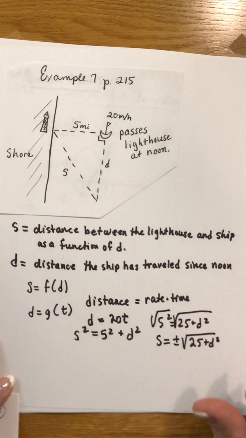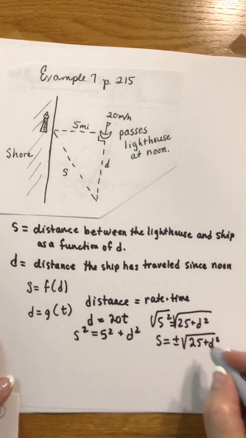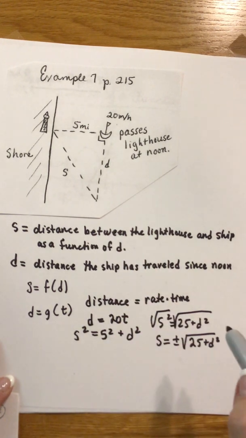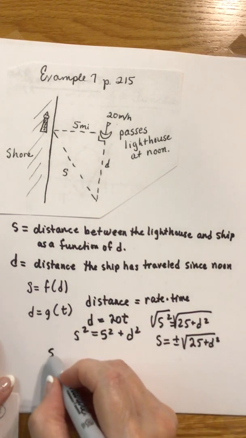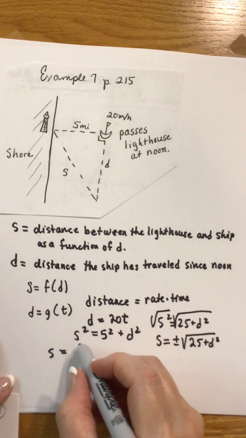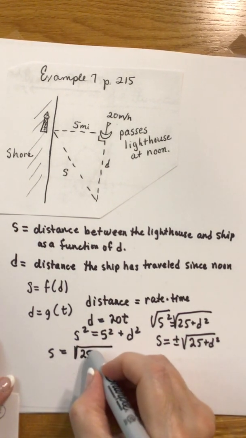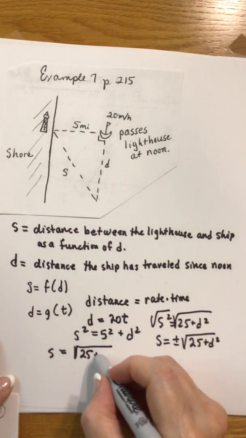But we know distance is always positive because we said S was a distance between the lighthouse and the ship. So our S is equal to the positive square root of 25 plus d squared.